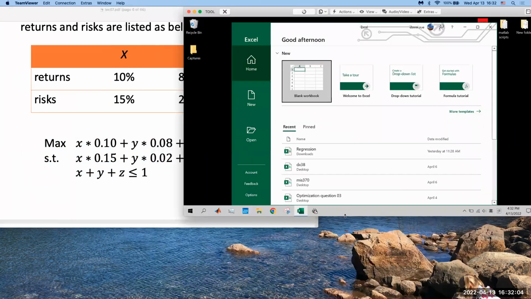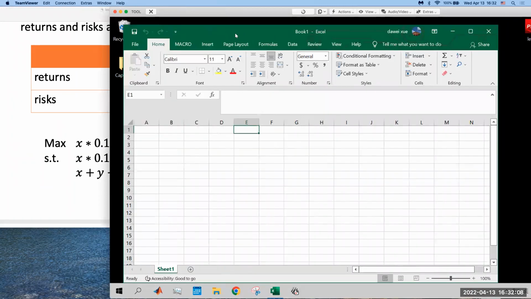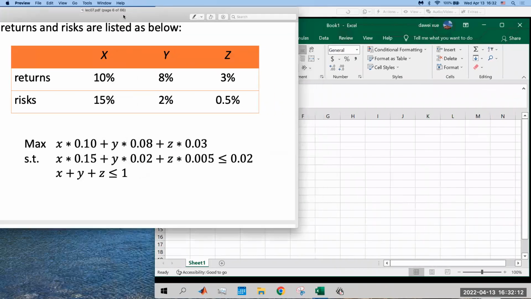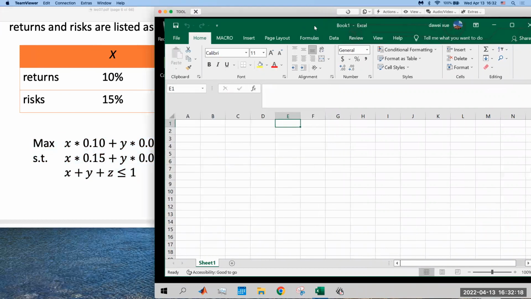So let's open Excel. We open a blank worksheet. Okay, now we're going to put this equation into Excel. As the problem indicated, first we want to identify the objective function.